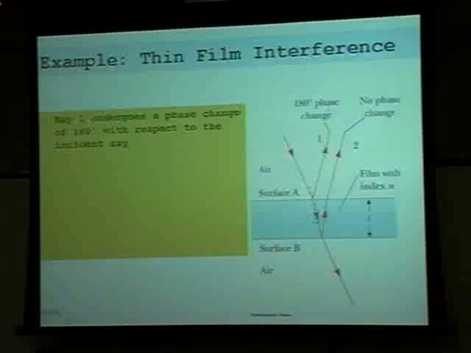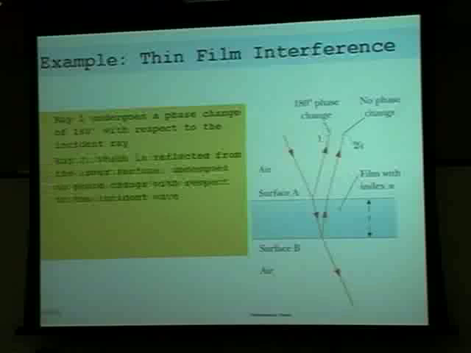Part of it refracts, goes into the substance, traveling with a shorter wavelength, and reflects off this opposite surface, going from a higher index to a lower index, so no phase change off that surface, comes back through the thickness of that substance, and the two might interfere up here. We have a phase change due to the first reflection, no phase change on the second one, and we also have a phase difference due to the fact that the second path was twice the thickness of this film. Twice was a longer path.